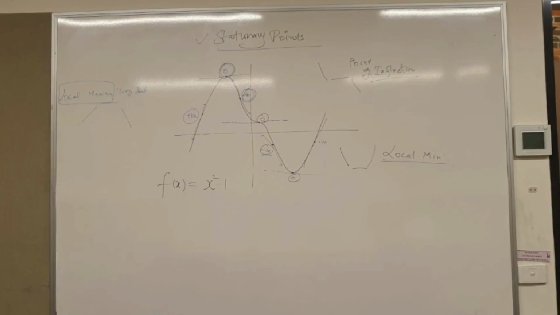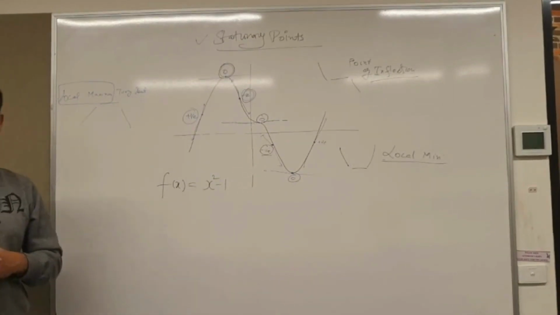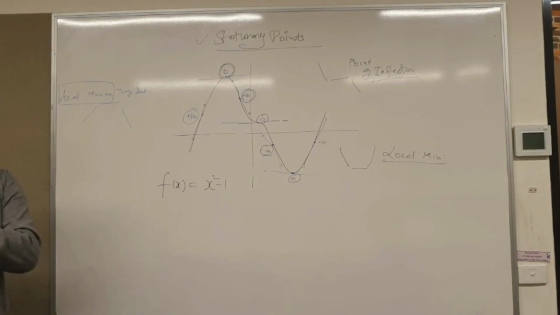Is he right? I don't think so. Is the point given to us? That's what we have to find. 2x equals 0, you get the x value.